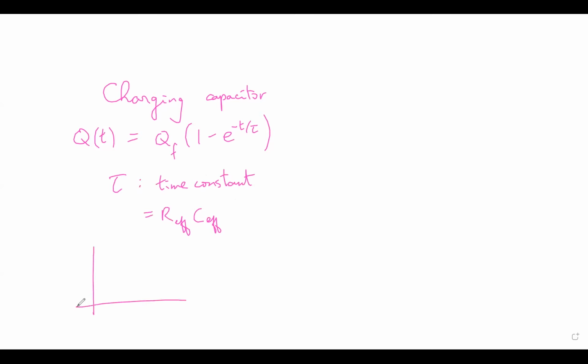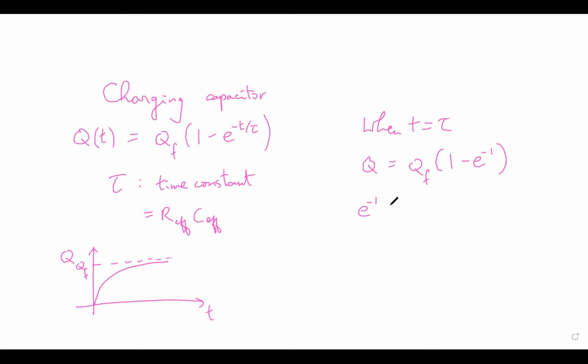And we know that if we were to plot this graph, it would look something like this, asymptotically tending towards this value of Q final. One thing to note is that when t is equal to tau, you get Q is equal to Q final times 1 minus e to the minus 1. So this number e to the minus 1 appears fairly frequently, and so it's good to know its approximate value.